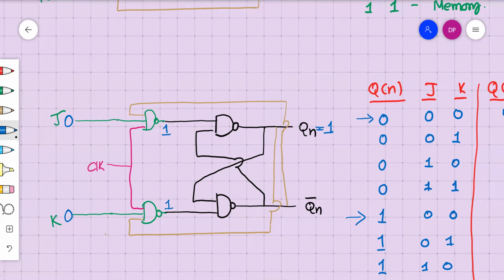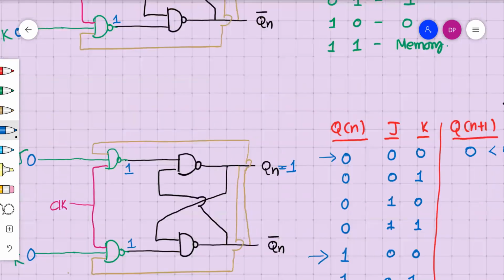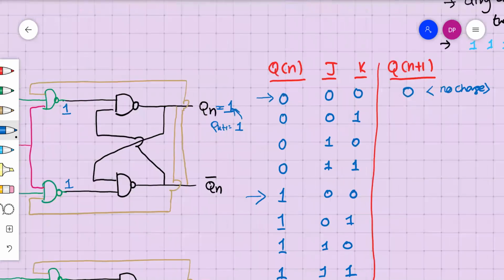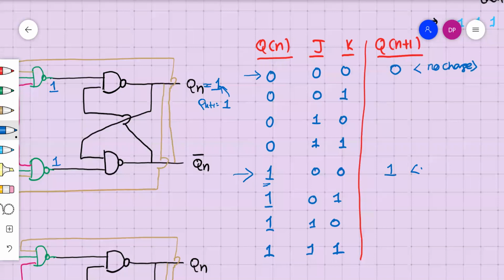Now, when both the inputs of the SR latch are 1, it acts as memory, which means the next state will be equal to the previous state. So the next state Qn plus 1 will be equal to the previous state, that is 1. The previous state was 1, so the next state will also be 1. So there is no change.